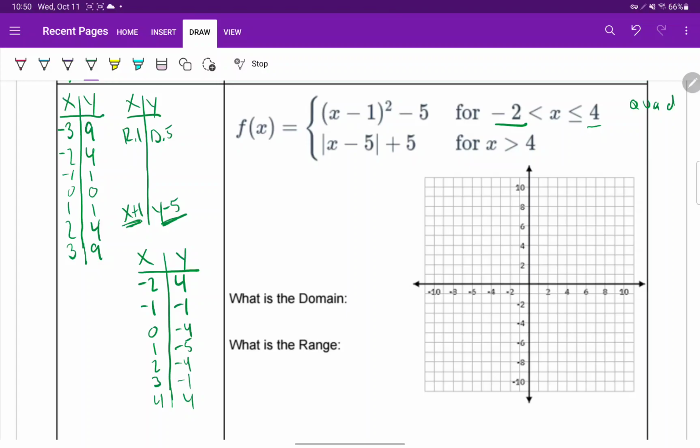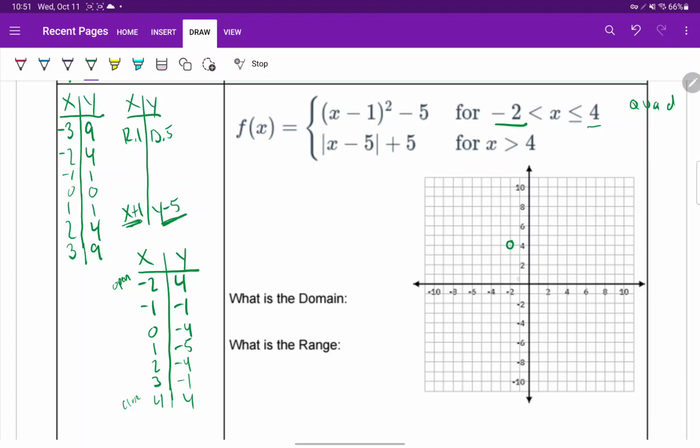Again, we're going to go back and refer to the inequality signs to prove whether it is open or closed. So for negative 2, we have no equal bar, so this is open. And on the bottom for 4 for x, it is an equal bar, so this should be closed. Again, if you want to draw an open or closed circle so you know, that's fine. So at negative 2, 4, that's going to be an open circle there.